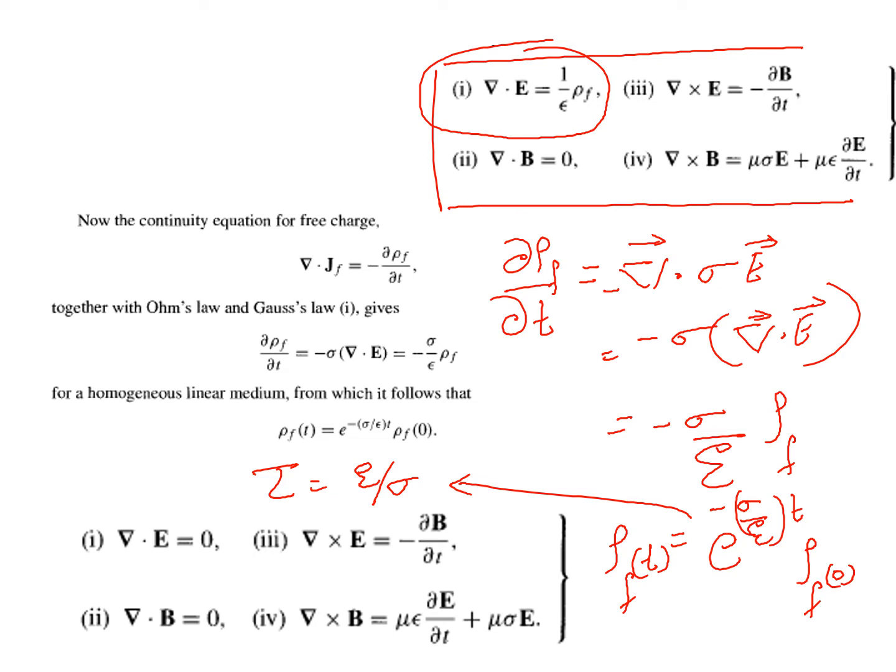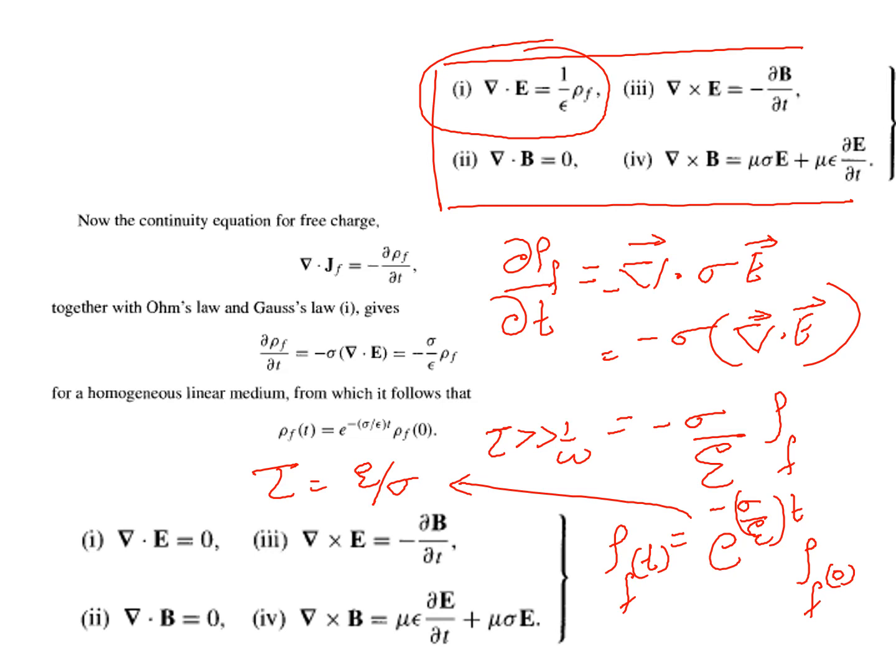For a perfect conductor, sigma will be infinity and the time constant will be 0. For a good conductor, tau is much less than 1 by omega, and for a poor conductor, tau is much greater than 1 by omega.